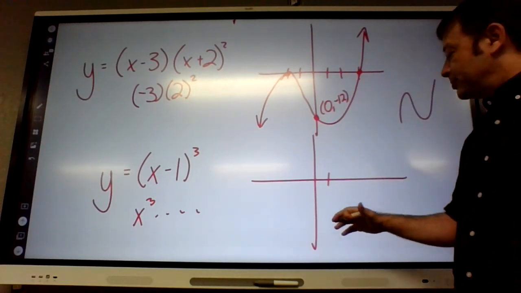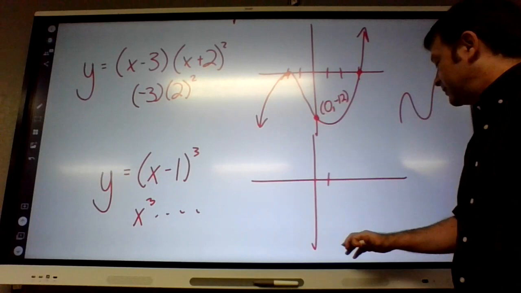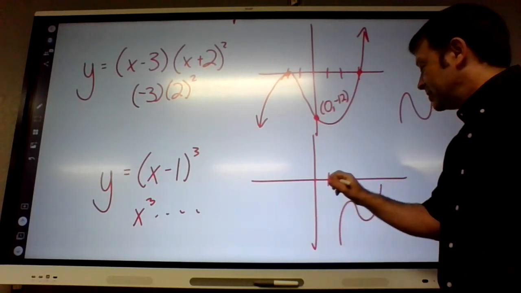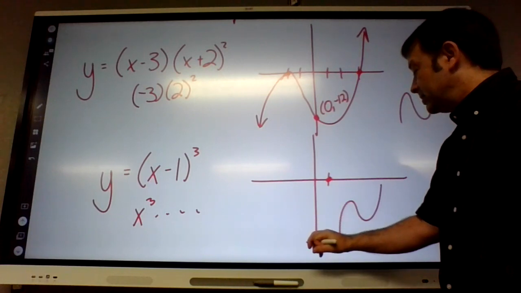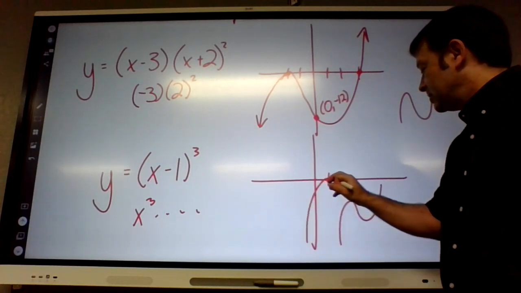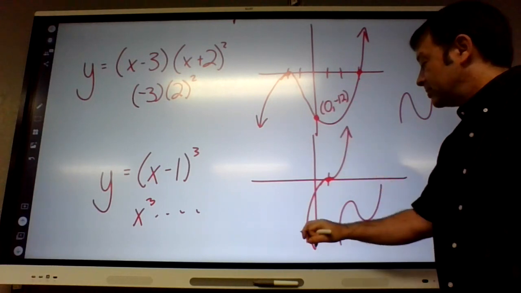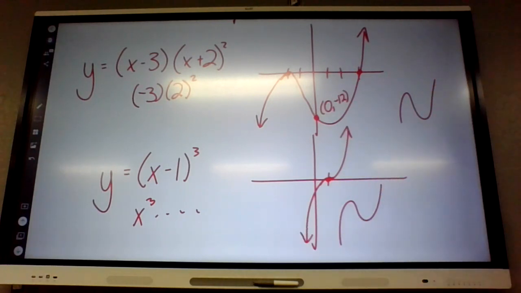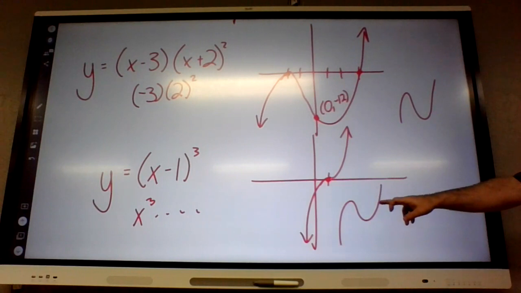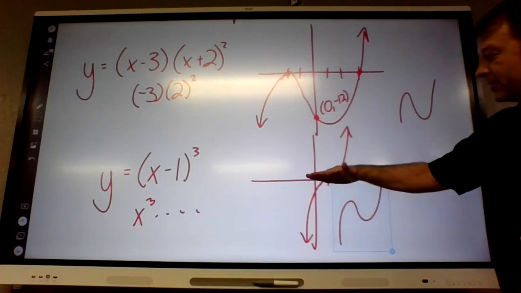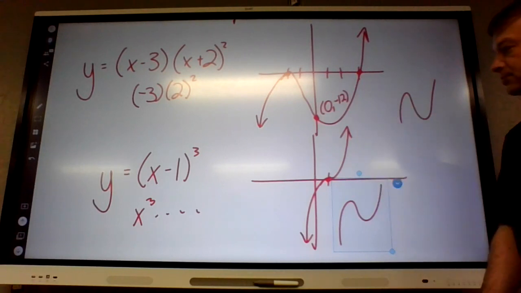But with a triple root, instead of going like that, it kind of just morphs. So here's the root. It would come up like this, get flat right at that root, and then keep on going through. So it doesn't really look like this. It gets completely flat right there and just keeps going.